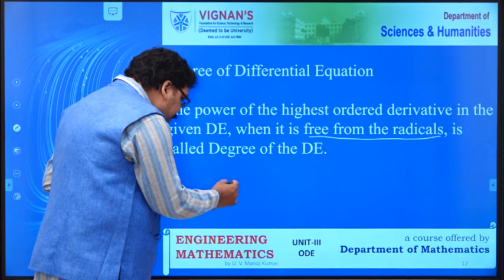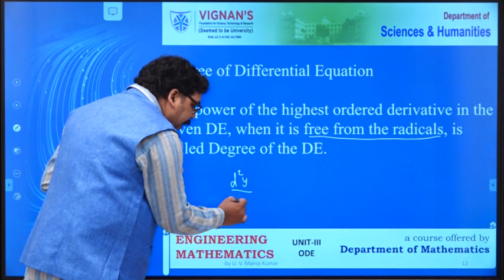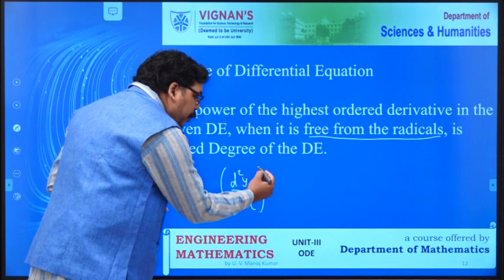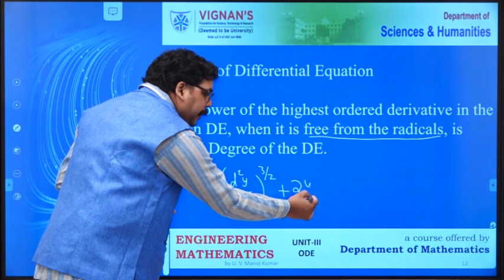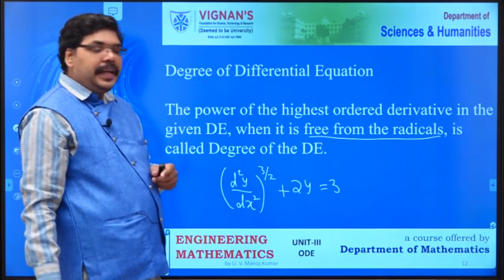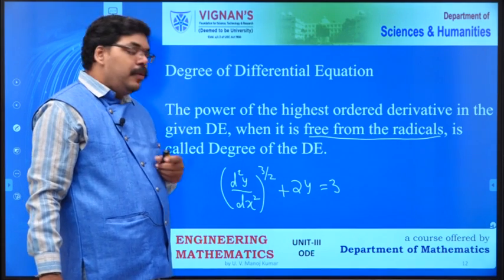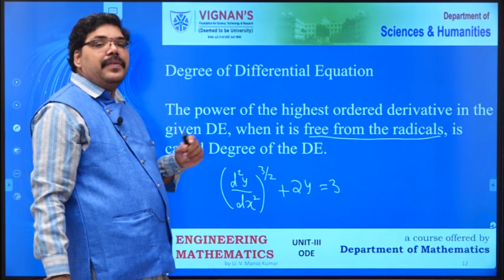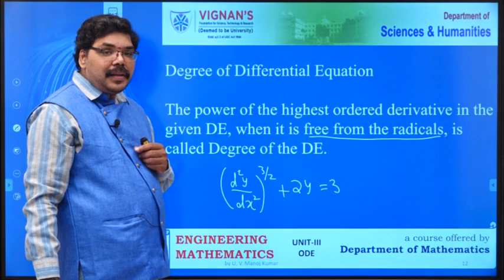Suppose I have a differential equation like (d square y by dx square) whole power 3 by 2 plus 2y equals 3. If I ask you what is the order and what is the degree for this differential equation, then what is the order?